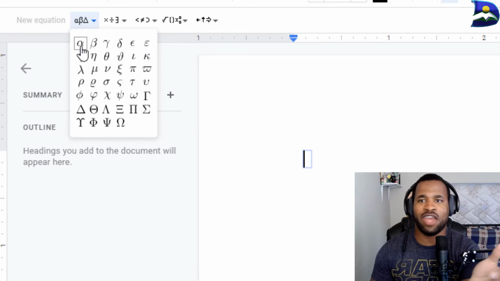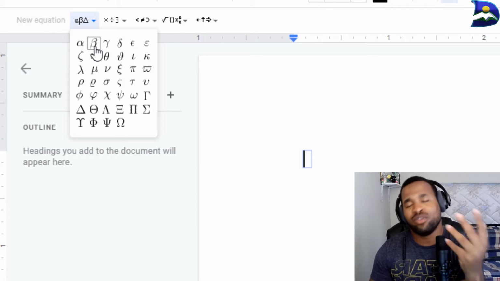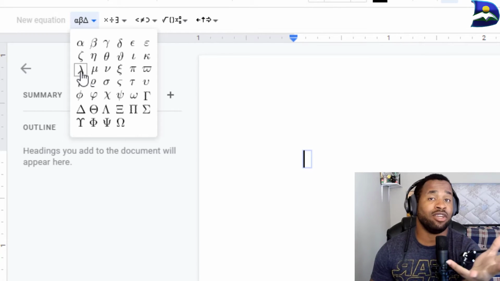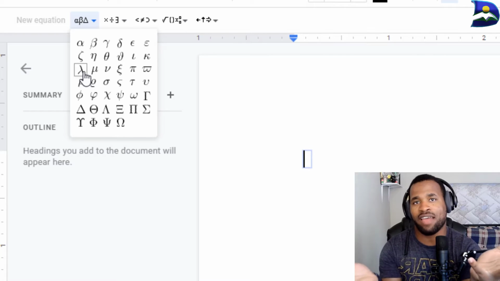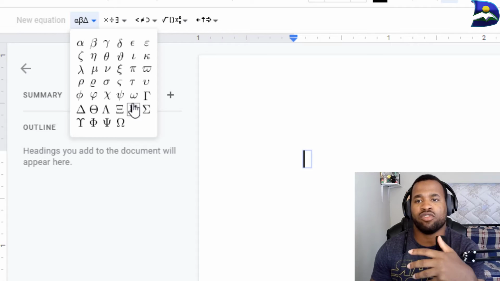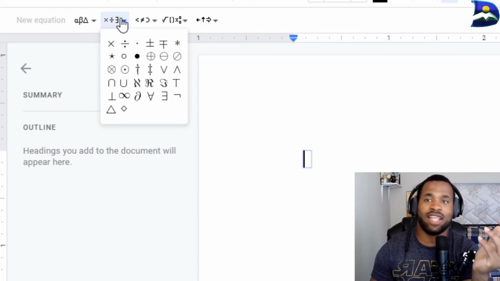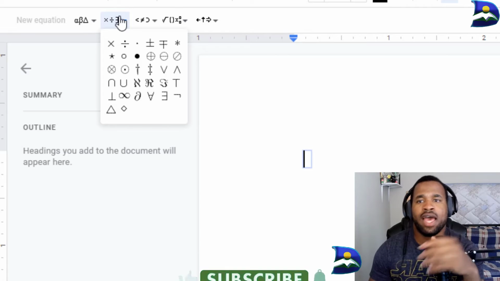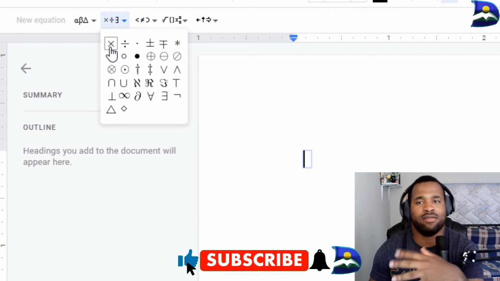We have beta variant, but we can also use this for protein. Yes, lambda, which is used for the wavelength symbol, and many more things to be aware of when it comes to the use of Greek letters.